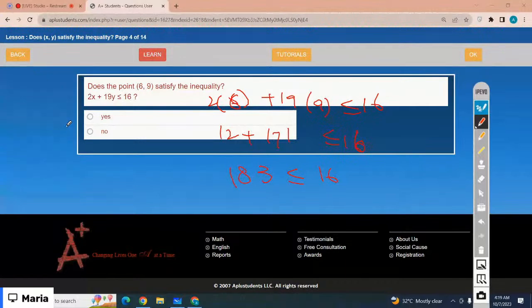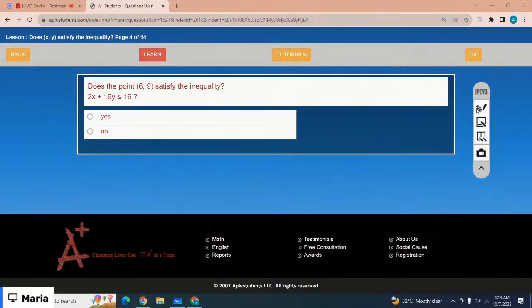No, 93 is greater, right? So the correct option is no. That is not the solution of the equation. Got it?